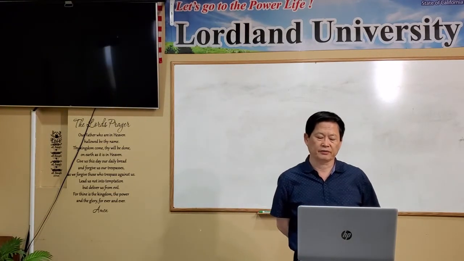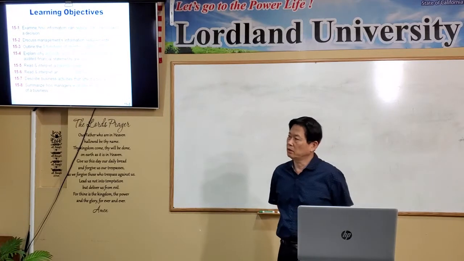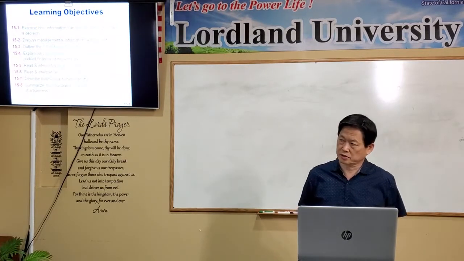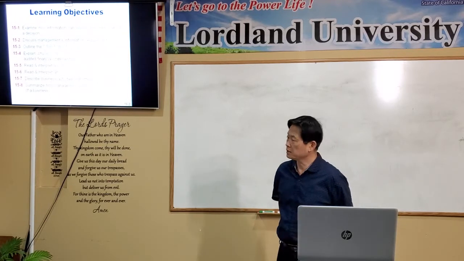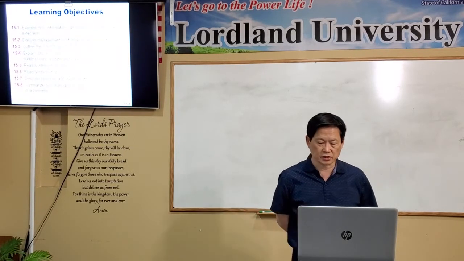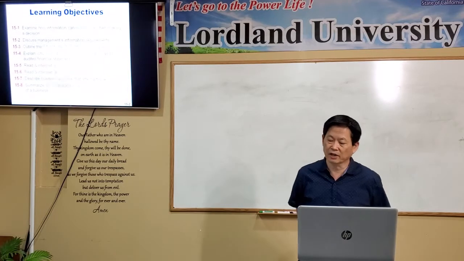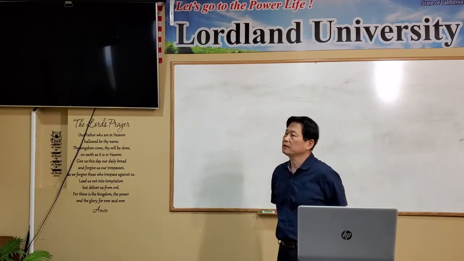Number 5, we will discuss, examine, and interpret the balance sheet. Number 6, we will examine the income statement. We will describe the business activities that affect a firm's cash flow.